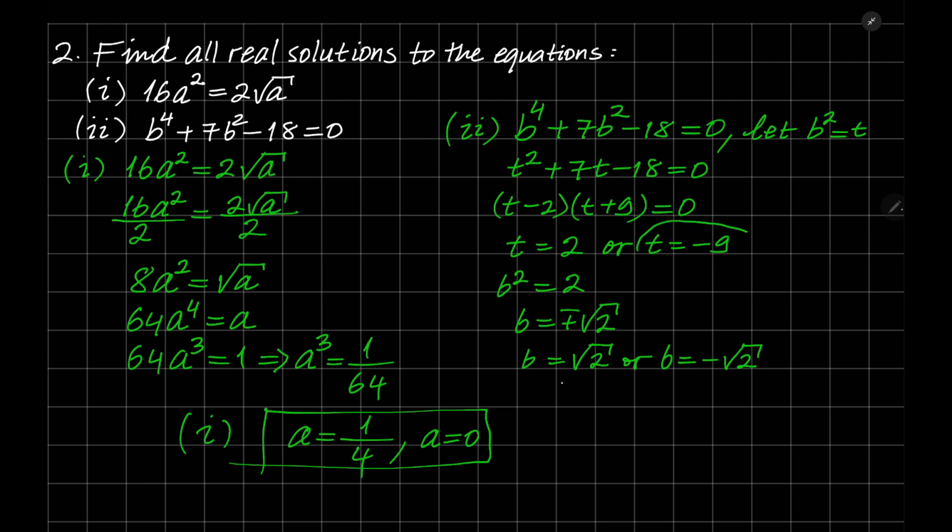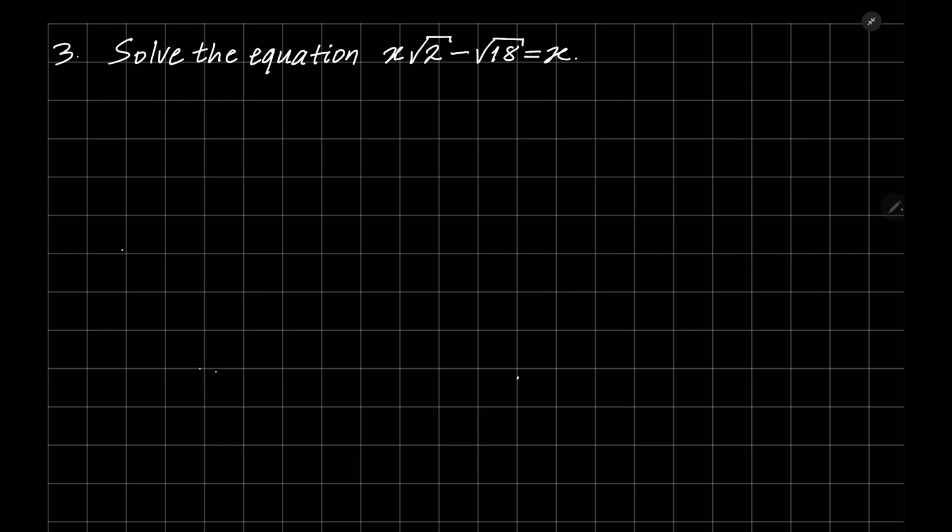And if we consider the other case, b squared cannot be equal to negative 9. The square of any real number cannot be a negative number. So we can cancel this case. This is the solution. Now let's go to the next question.